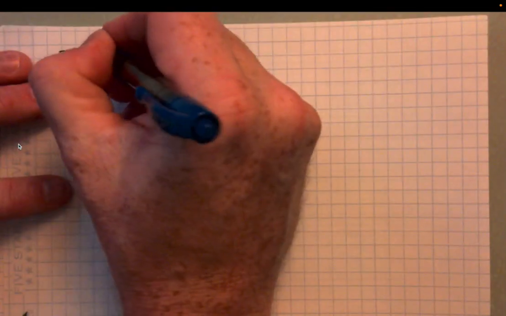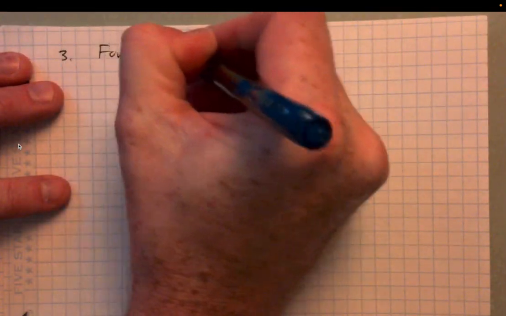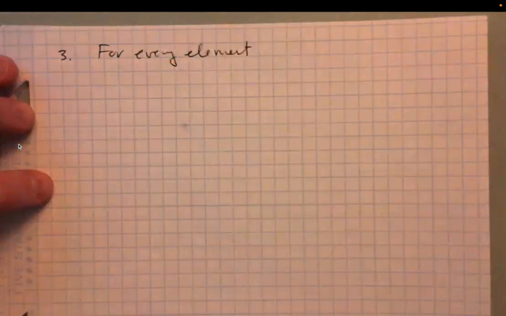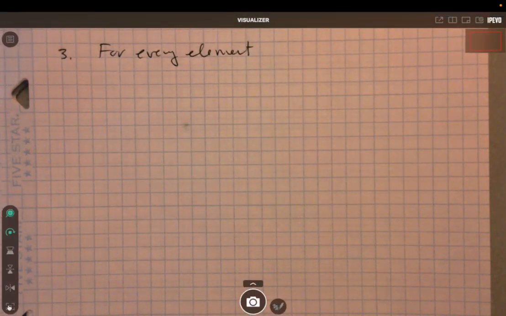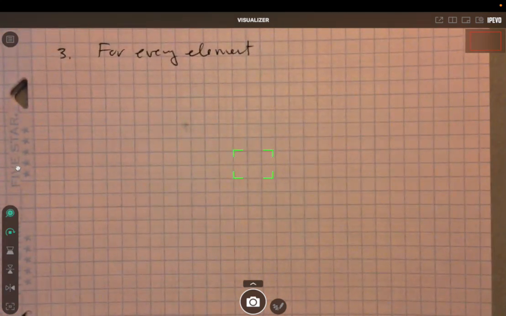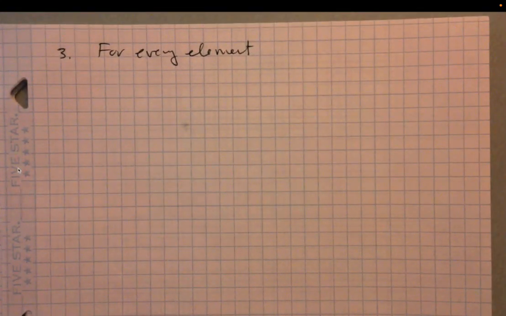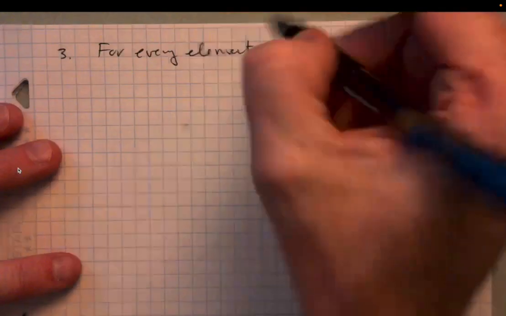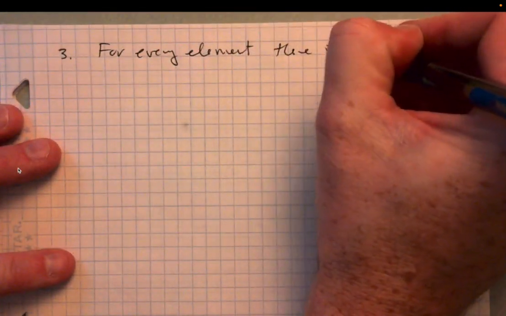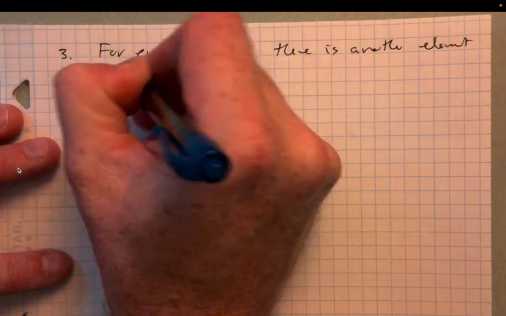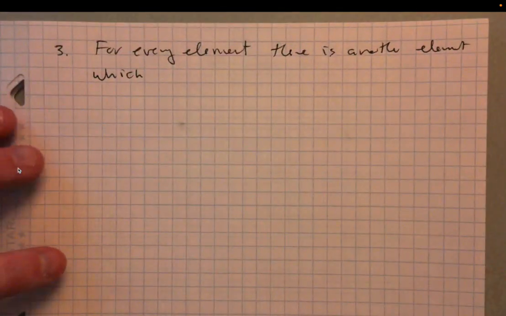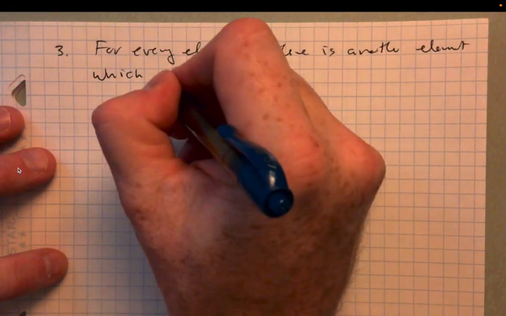So that is an important reality: for every element, there's another element which returns the identity element when applied to it.